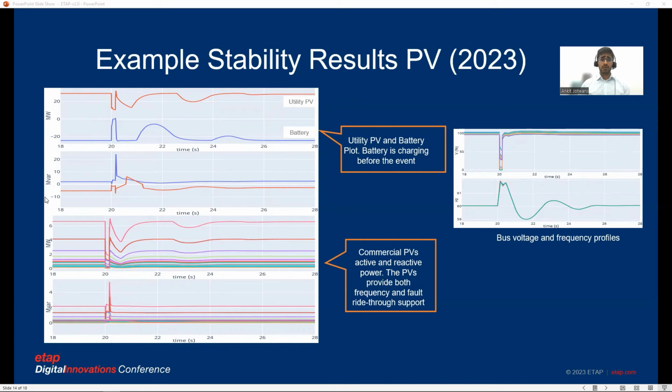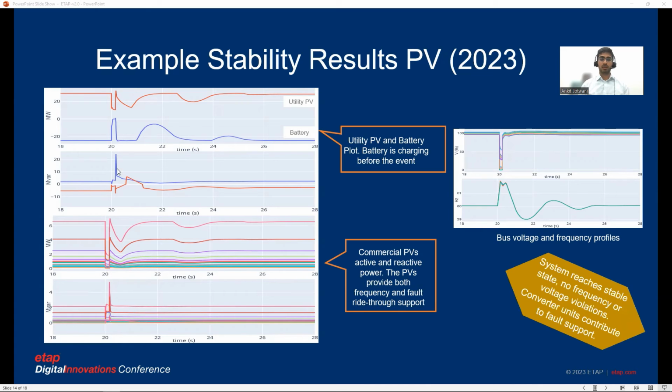For the reactive power, since the system operated in the reactive power priority mode, we see that the reactive power either increases or remains the same due to the higher reactive current injection despite the drop in voltage. So these units are contributing towards fault support and later on towards frequency regulation.